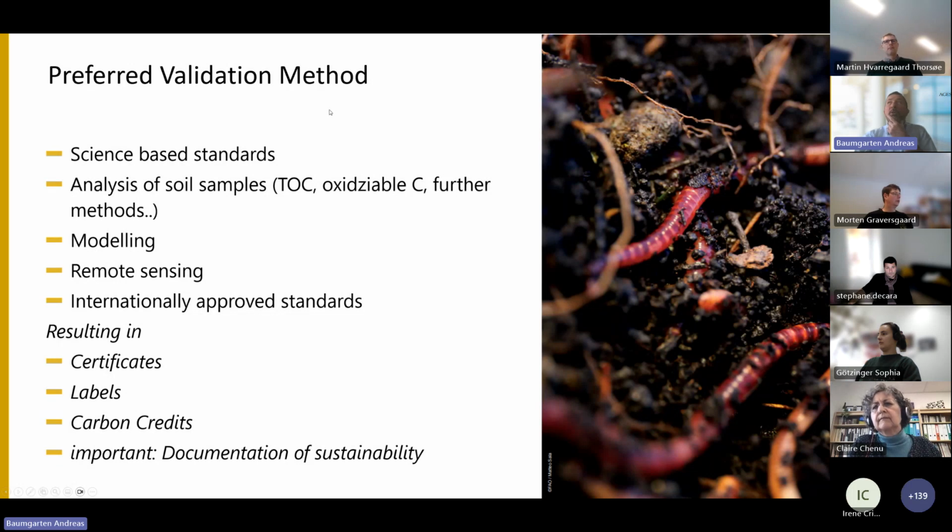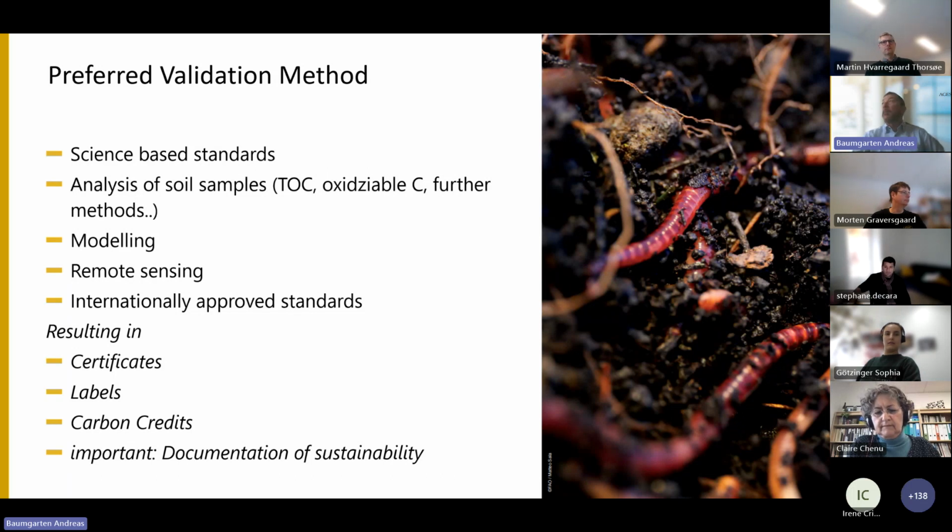So how do we measure the success or not success of these measures? The validation method, there have been lots of projects that are concentrating on this question, especially this MRV. So there are some projects still going on.